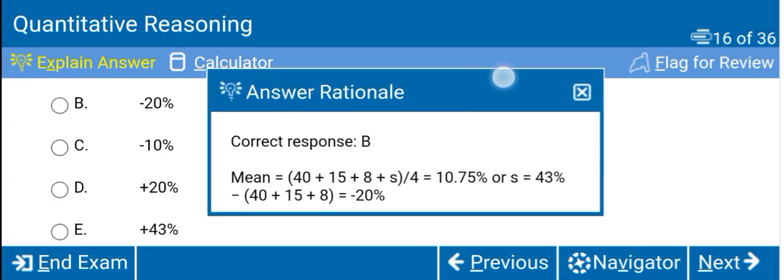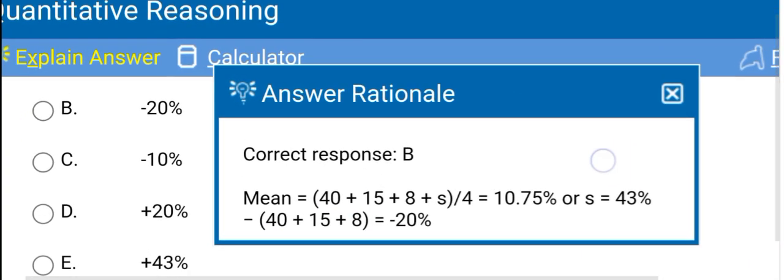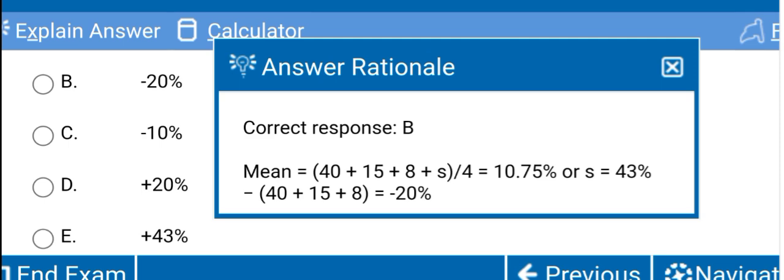So the correct response is option B, as mean equals 40 plus 15 plus 8 plus S divided by 4 equals 10.75%, so S equals 43% minus 40 plus 15 plus 8 equals minus 20%.